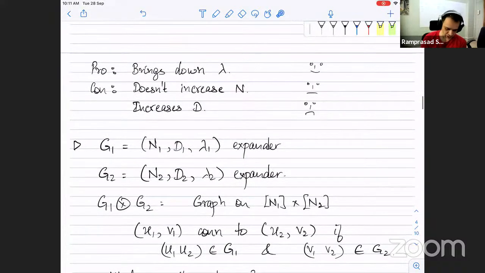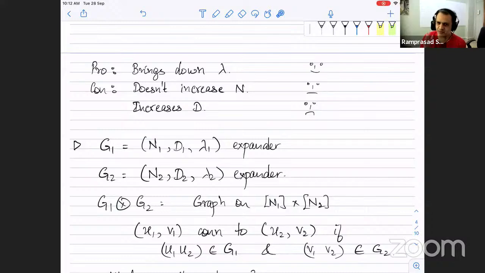I will connect U1 V1 to the pair U2 V2 if U1 U2 is a legitimate edge in G1 and V1 V2 is a legitimate edge in G2. So I hope the definition is clear. We connect vertex U1 V1 to U2 V2 if the first coordinates are adjacent in the first graph and the second coordinates are adjacent in the second graph.